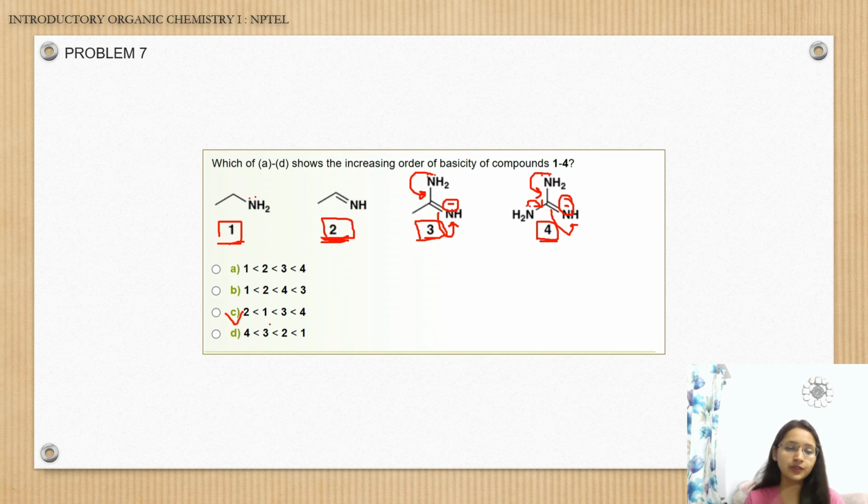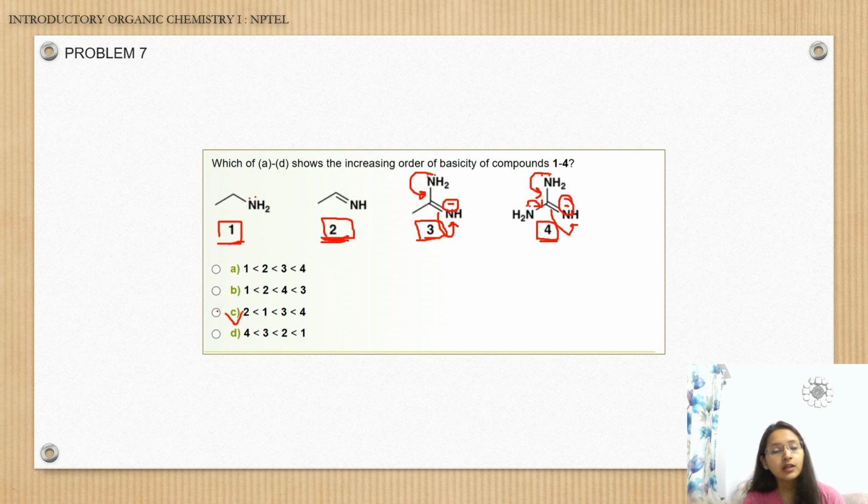So that is why the correct option will be option number C, because in the case of 4, there are two lone pairs of nitrogen which are free for electrophile trapping, and also after delocalization a negative charge is generated on nitrogen, and the negative charge donation ability is higher than the lone pair. So in the case of 3, one free amine is there, and also after delocalization an amide is generated, that is also donating.